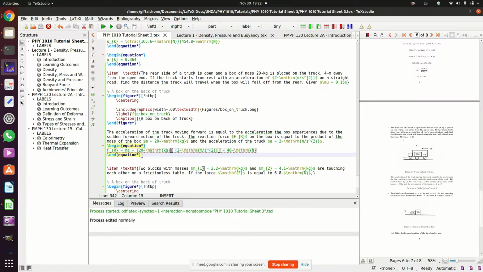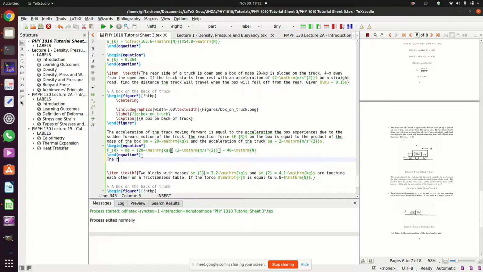So the reaction force exerted on the box is 40 newtons.